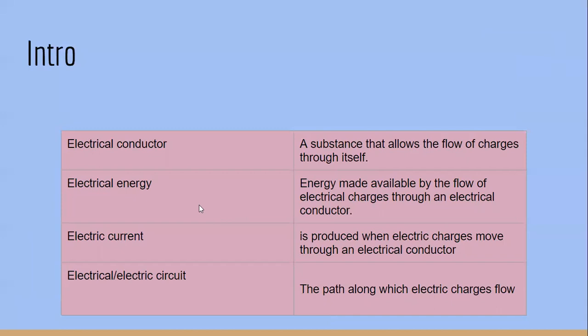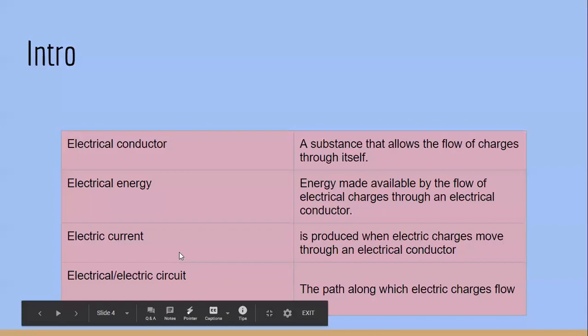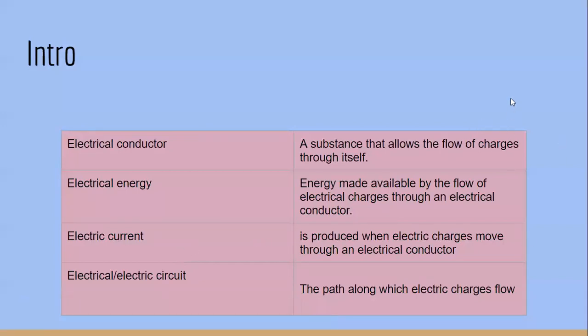Now, electrical energy basically provides the energy that drives the flow of electrical charges through an electrical conductor. So it provides a push force for the electrical charges to flow. And then electric current: it is produced when electric charges move through an electrical conductor. So the flow of electric charges is called an electric current.